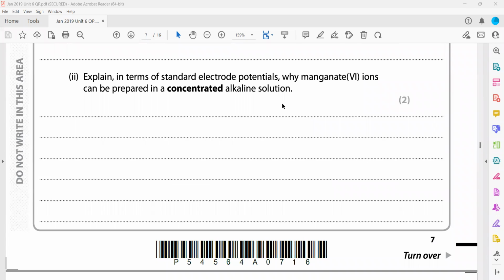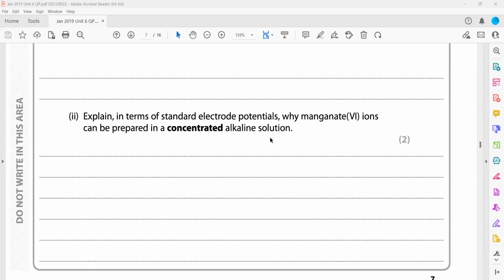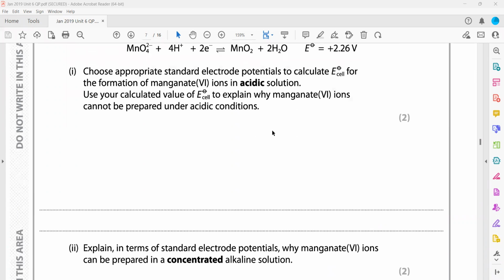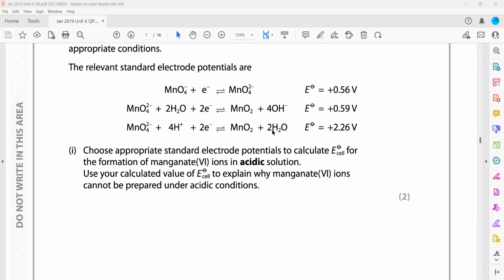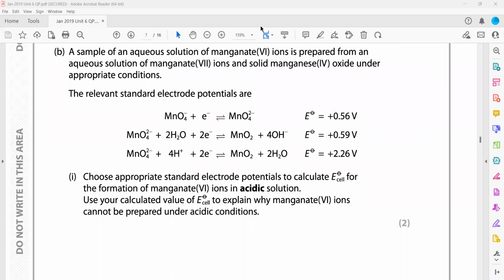Explain in terms of standard electrode potential why manganate 6 ions can be prepared in concentrated alkaline. So why can we prepare it in concentrated alkaline solution? If we take this one, if you see which one reduction happened, it is the one with a higher electrode potential.